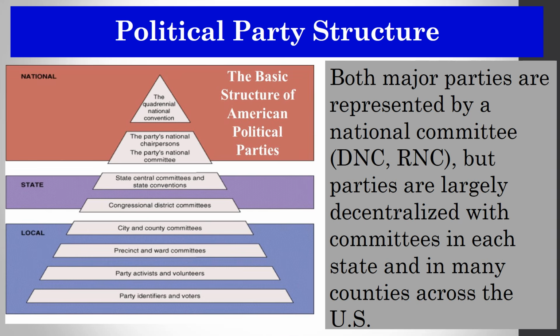One of these instances came up during a dispute over when certain primaries should take place. We'll talk about that more in the elections PowerPoint, but suffice it to say that states like Florida and Nevada, their parties, it was a very interesting situation. You had the Republicans and Democrats from those states actually banding together against the Republicans and Democrats on the national level.